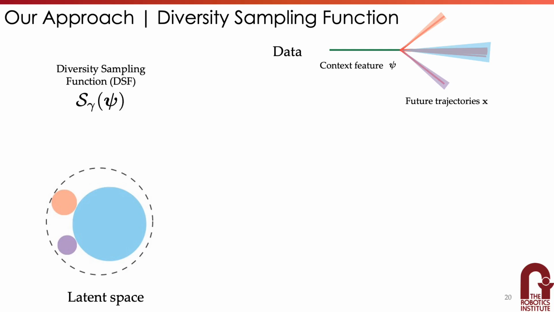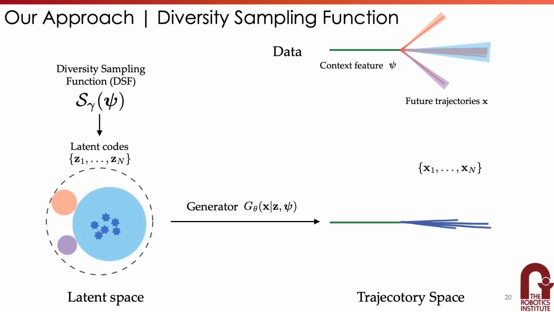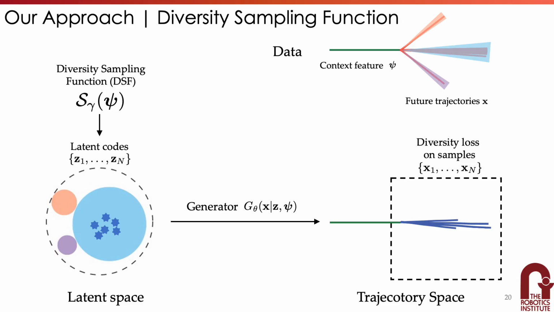Specifically, we introduce a learnable diversity sampling function, DSF, that maps past trajectory to latent codes, which are then decoded into trajectory samples. The key difference lies in that we use a diversity loss on the samples to optimize the DSF, which in turn moves the latent codes to cover more modes in the latent space and increases the diversity of the trajectories.